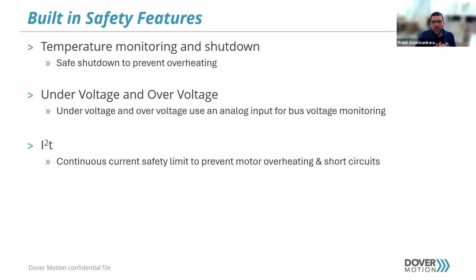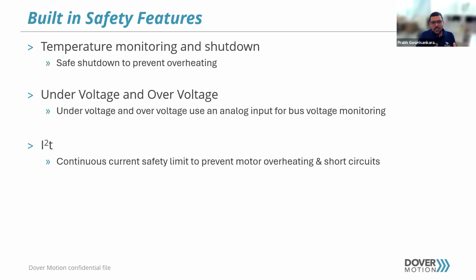So these are super critical for the implementation of that stage. We also monitor the bus voltage, so we do an under and over voltage. It's an analog input that's used for bus voltage monitoring, so that lets you set the thresholds. If, say, you're running at 24 volts, you can set your over voltage limits and it gives you a level of protection for safety.